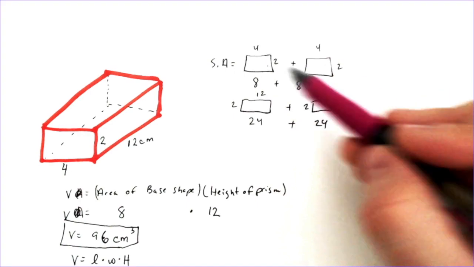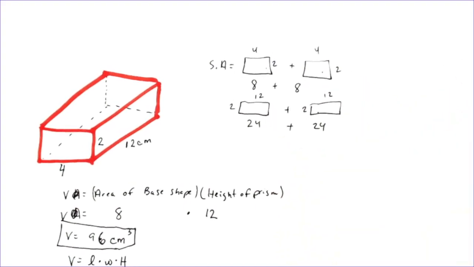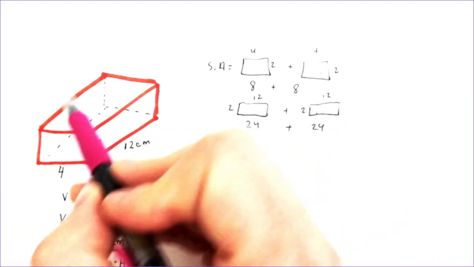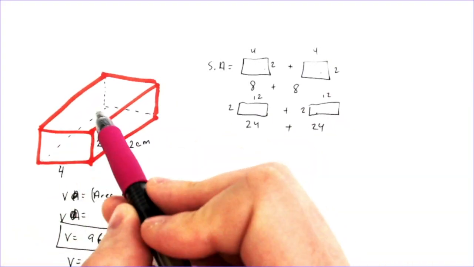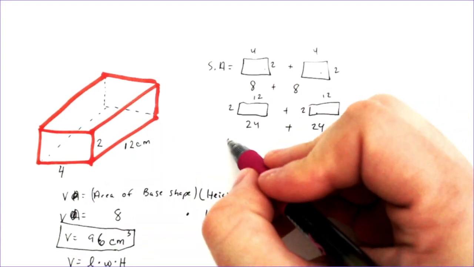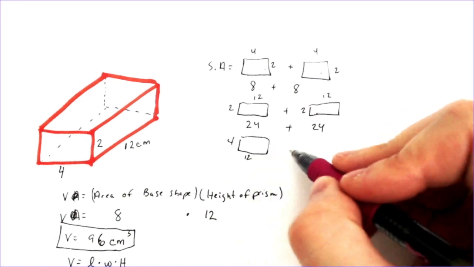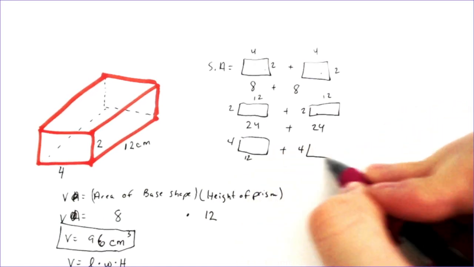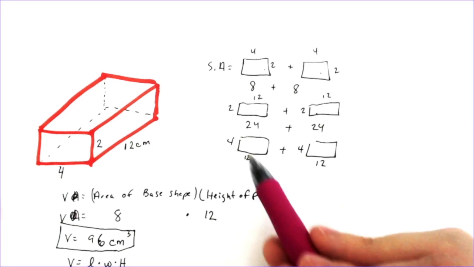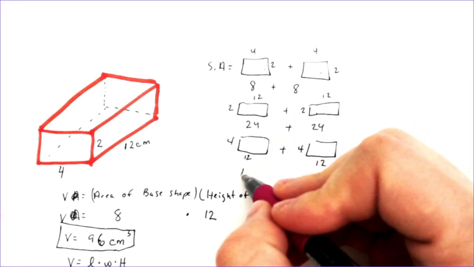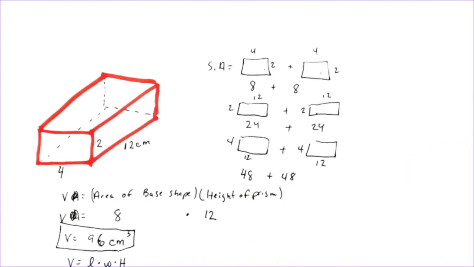So we got front and back, left and right side. Now we have the top and bottom. We got this top rectangle up here and the bottom rectangle over here, the one with the 4 and the 12. So we have a 4 by 12 rectangle and a 4 by 12 rectangle. And that we multiply 4 times 12 together and we get 48 and 48.